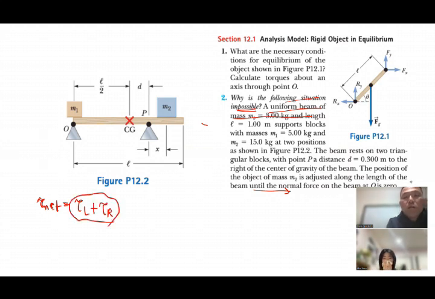If you consider that point P is the rotational spot, then it depends on the mass M2 and on this x, the distance from the pivot point to this mass M2. I thought that M2 possibly just raises M1 so that point O is going to be separated from this triangle.